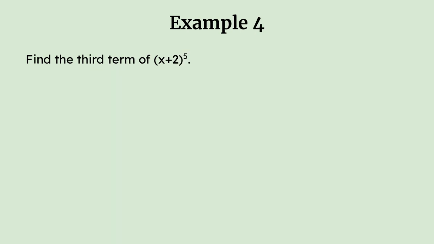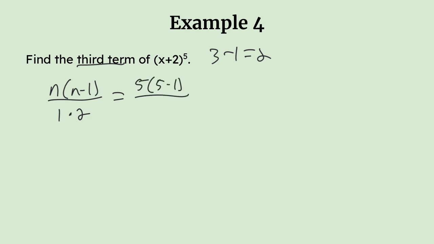So find the third term of x plus 2 to the 5th, so that means we're going to have n minus 1, because it's 3 for the third term, minus 1 gets us 2 numbers, over 1 times 2, so that's 5 times 5 minus 1 over 2, 20 over 2 equals 10.